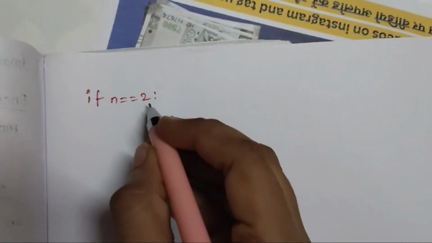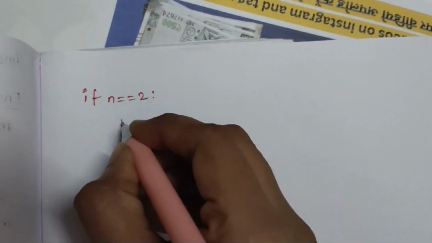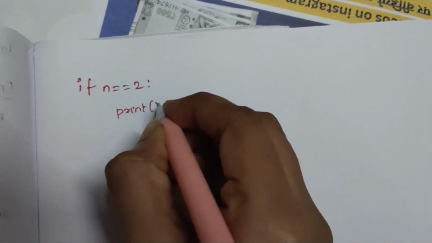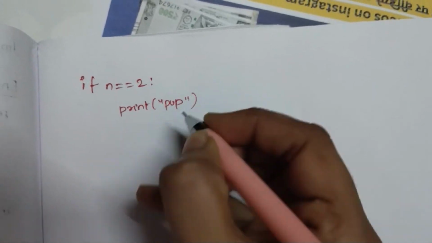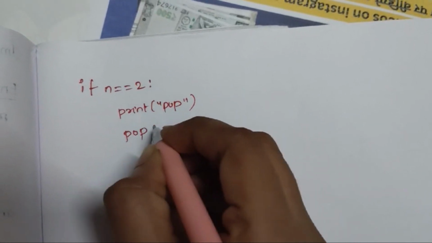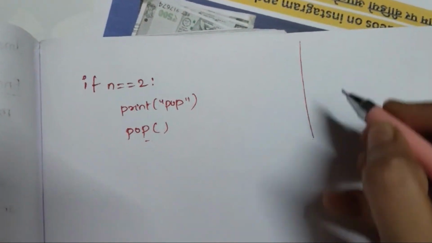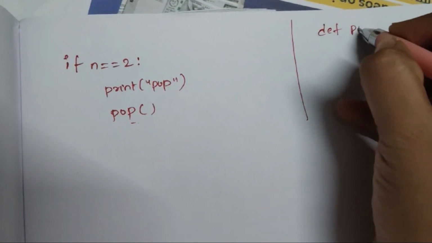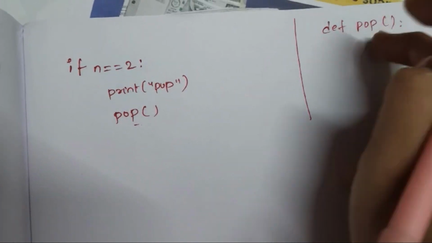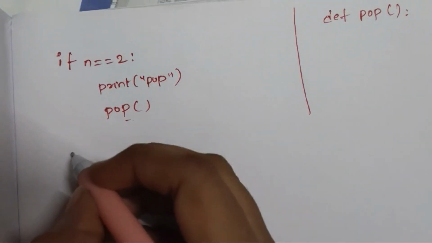If n equals 2, then which operation will be performed? Print pop. This will be called. We'll be writing code def pop. From this it will be called here.